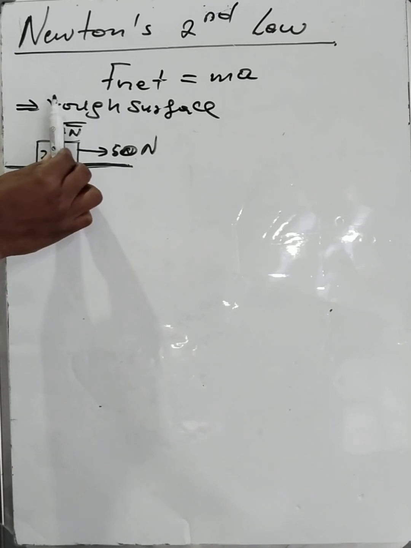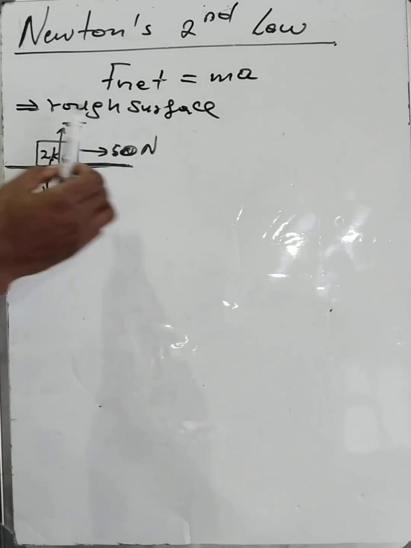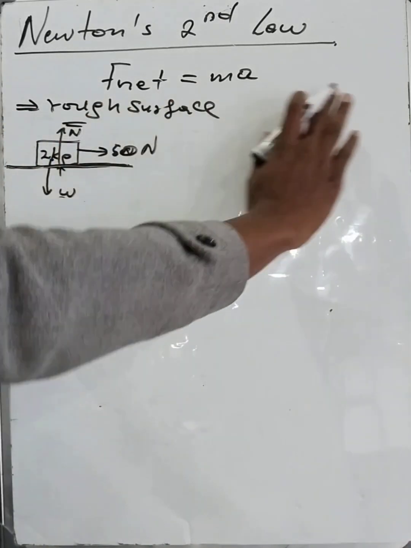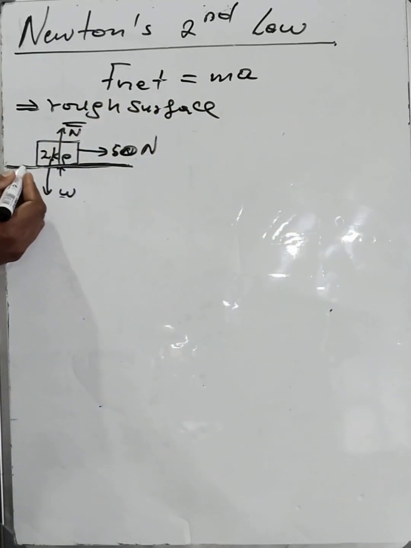The normal force is still that one, the weight is that one, the force applied is that one, but there is a rough surface, which means there is a friction. The friction always opposes the motion. This object is supposed to move in that direction, which means the friction must act parallel in this direction. This is parallel, that is a friction.